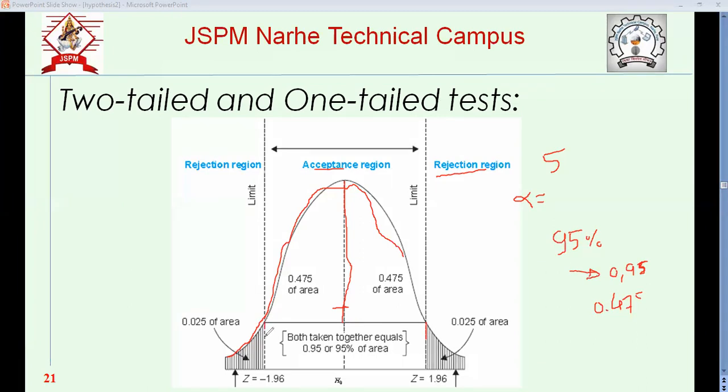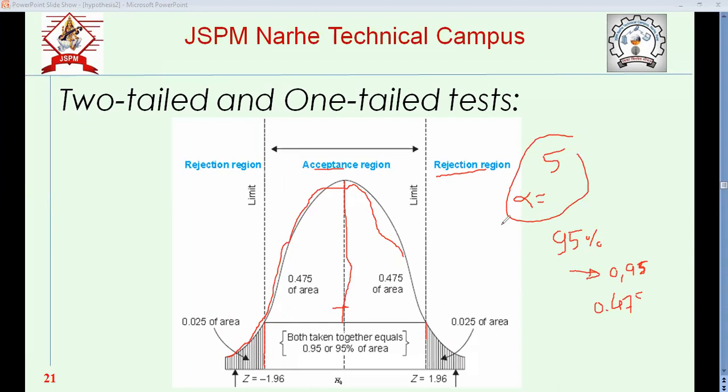Then on this curve we have to draw the limit of what? Acceptance region. So we are drawing in terms of probability. Now when it is not acceptable, it will go outside this acceptable range. So what are the chances of this non-acceptance?